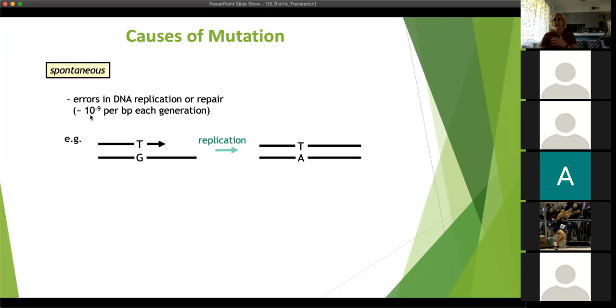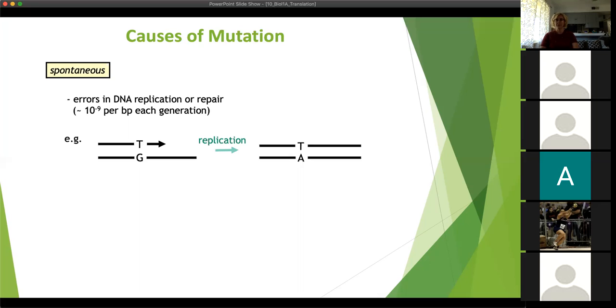But the error rate, so the errors that don't get caught, the rate is considered to be approximately 1 in 1 billion base pairs every time the cell replicates. And we have 3 billion base pairs in our cells. So spontaneously, every time one of our cells replicates, it should acquire approximately 3 point mutations.